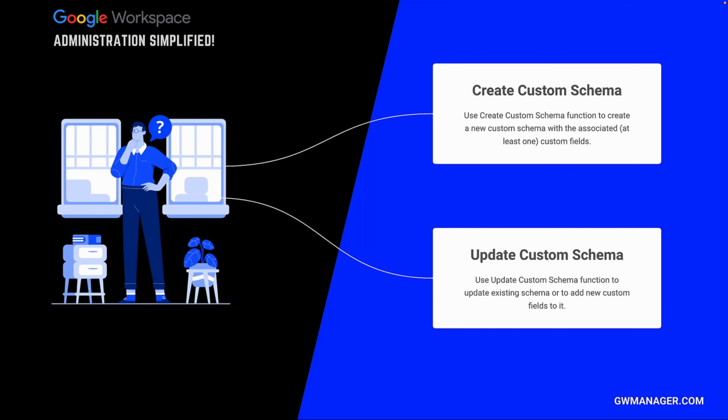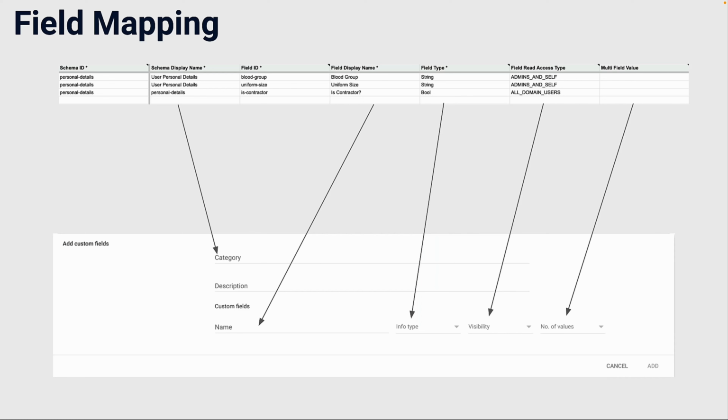Let me quickly tell you about the field mapping between GW Manager and Google Workspace Custom Schema. Whatever you want to put as a category name of that custom schema, you can put that in Schema Display Name. Your custom field name should be provided in Field Display Name in GW Manager. Field type: whether it's a number, boolean, string, or email, you can put in field type and that will become the info type in custom schema.